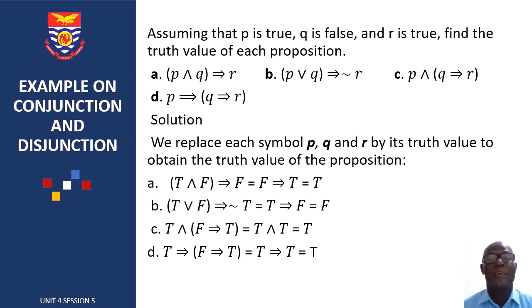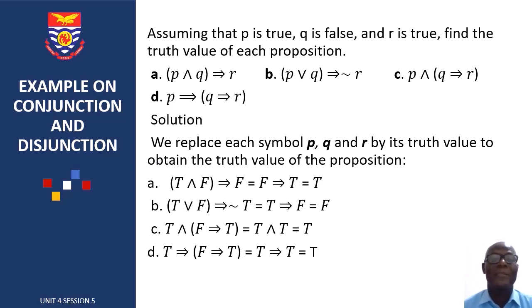A, in braces P conjunction Q, implies R. B, P disjunction Q implies negation of R. C, P conjunction, in braces Q implies R. D, P implies, in braces Q implies R.